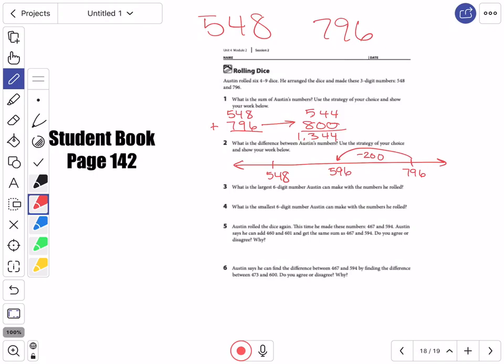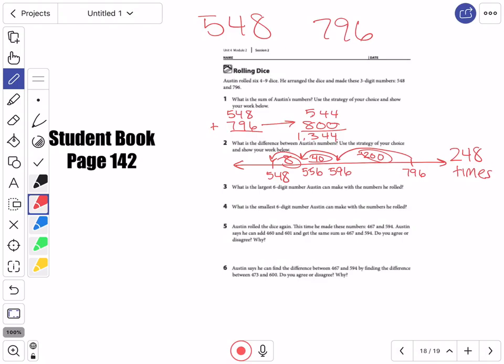Then from 596, I'm going to jump 40 to get me to 556. Then I'm going to go 8 more to get me to 548. So if I add all of my jumps together, that's 200 plus 40 plus 8. So I've jumped 248, which means that 796 minus 548 equals 248.